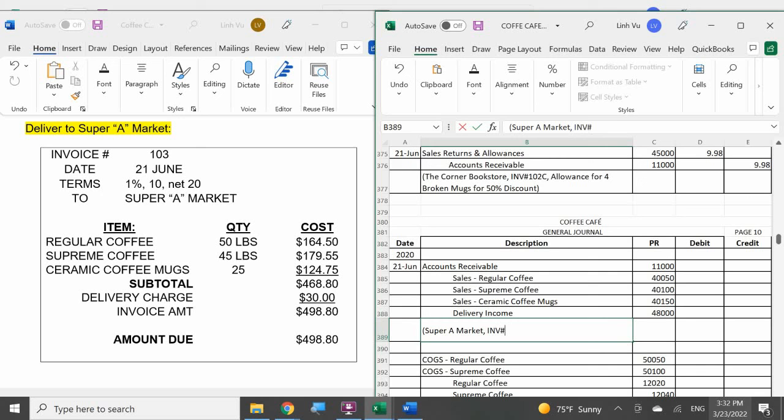And we charged them on invoice number 103. And this time we also gave a different terms. We gave them a 1% discount, but they have to pay within 10 days. If not, the whole bill is due in 20 days. Okay?